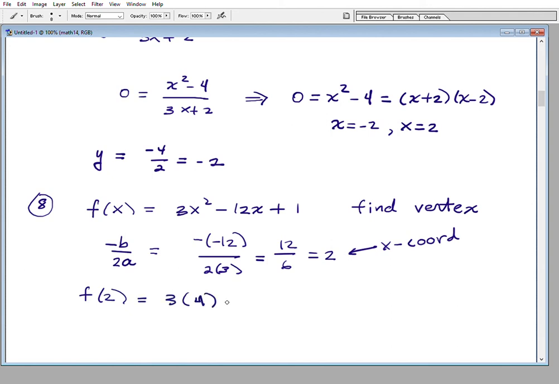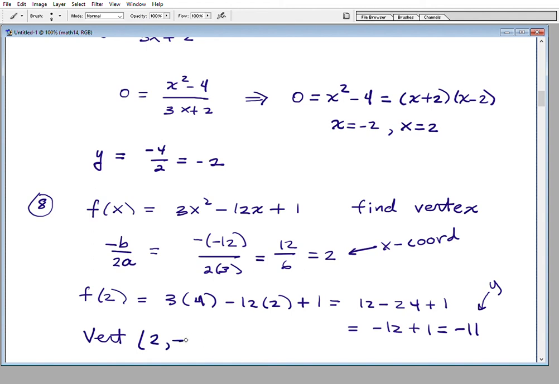That would be 3 times 4 minus 12 times 2 plus 1. So we have 12 minus 24, and that's the y. So for the vertex, we have 2 comma minus 11. We just have to remember this little formula, minus b over 2a.